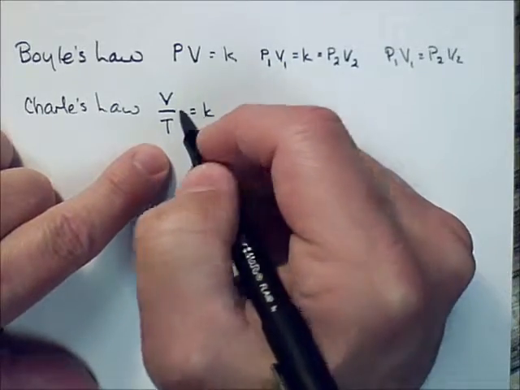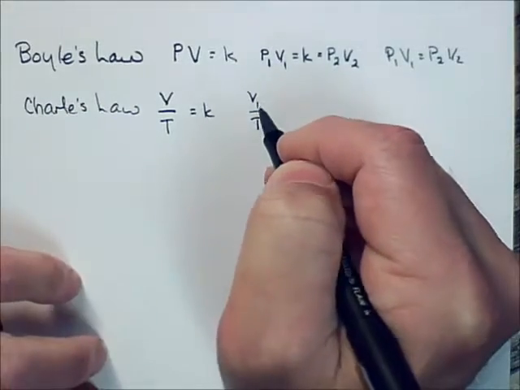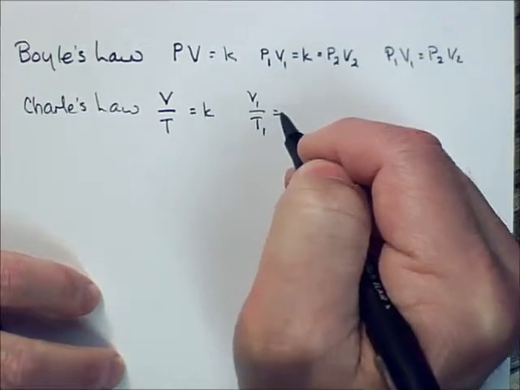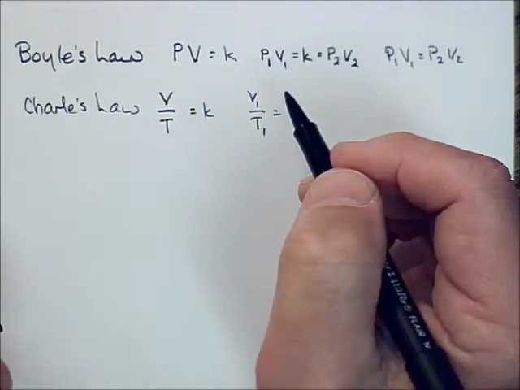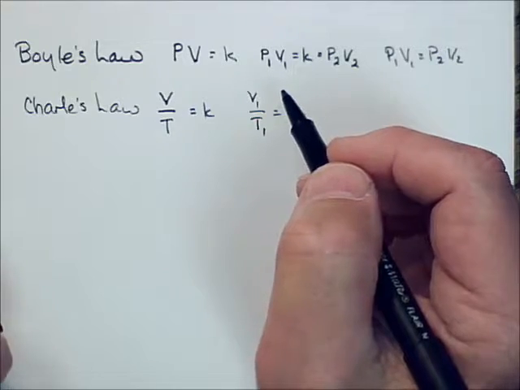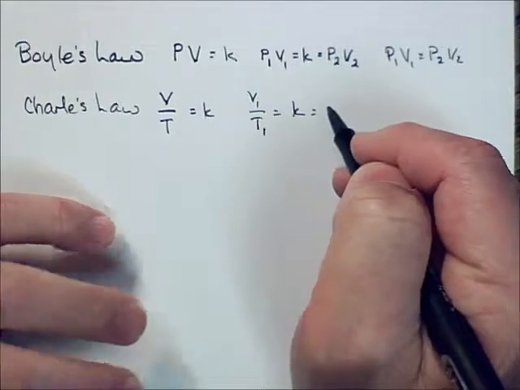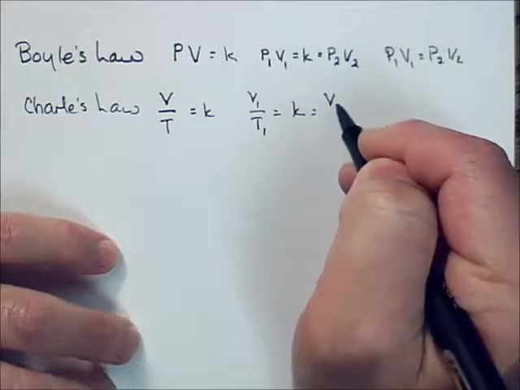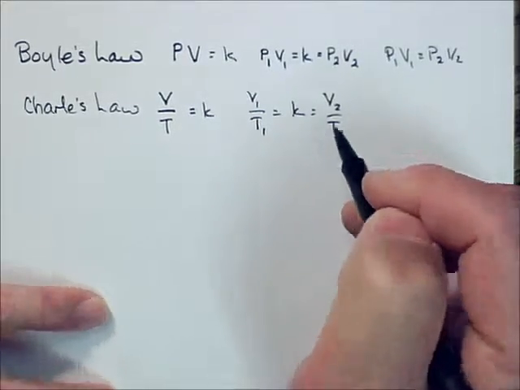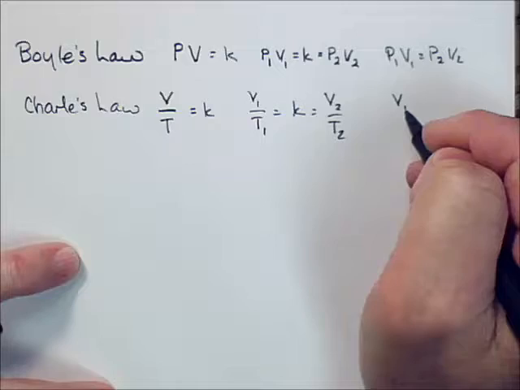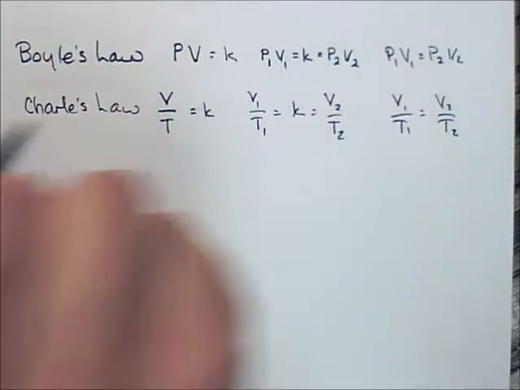Well, if this is true, then V1 over T1, an initial volume and temperature, is going to equal K. If you change volume or temperature, as long as you don't change the pressure or the amount of gas, the other variable is going to change as well to always equal K. All right, so that means that volume over temperature equals volume over temperature.